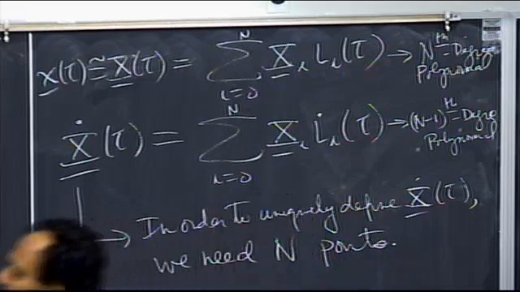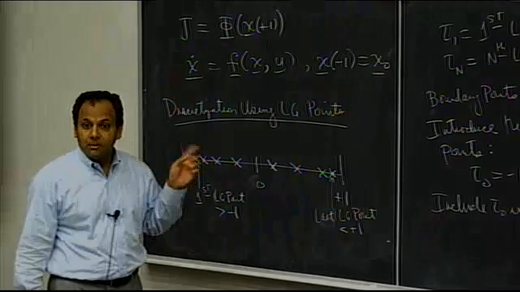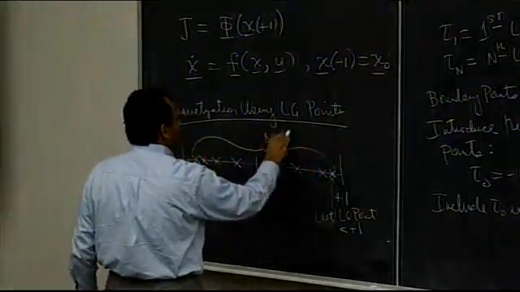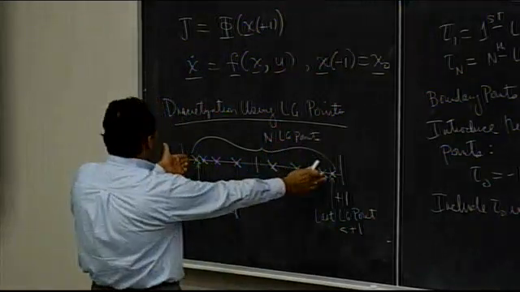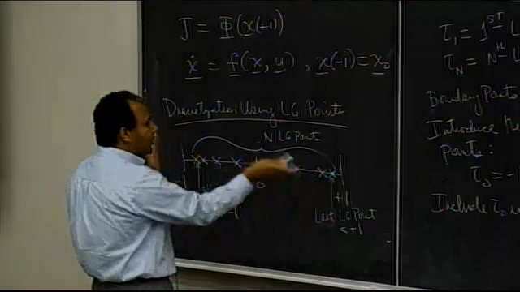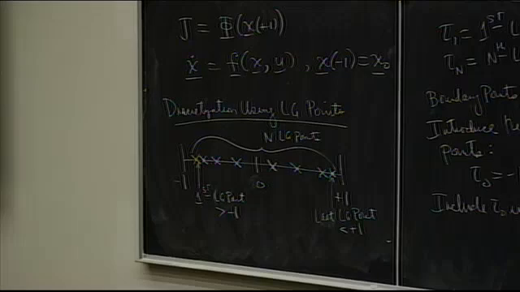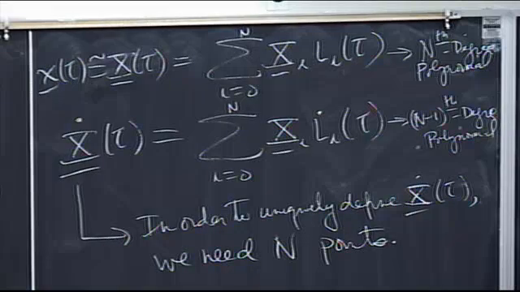How many Gauss points do I have? I have n Gauss points. Right? Because these are the n points on the interval negative 1 to 1, but they don't include either of the endpoints, right? So because they don't include either of the endpoints, I have n interior points that form the values for my quadrature.